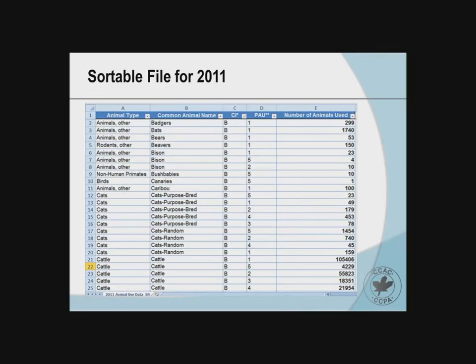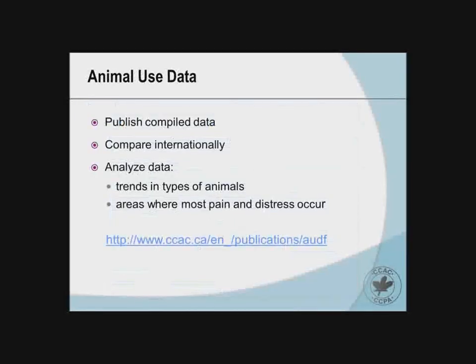It's possible to sort data by any of the categories listed above. So you can sort by animal type, by common animal name, by category of invasiveness, purpose of animal use, and so on. So for example, you could determine how many random source cats were used for teaching in category of invasiveness B protocols in 2011.